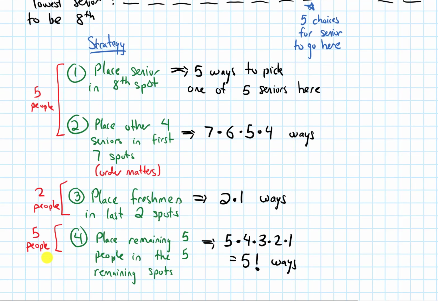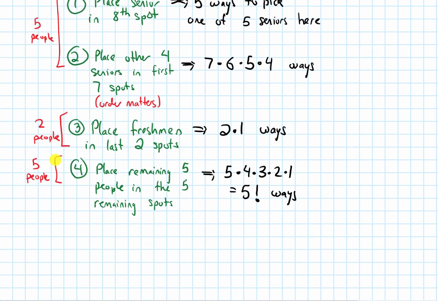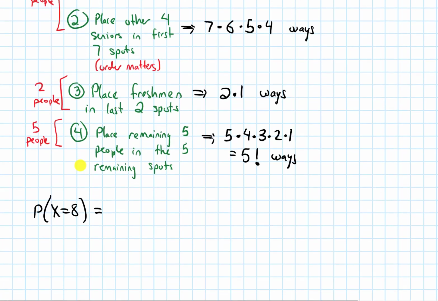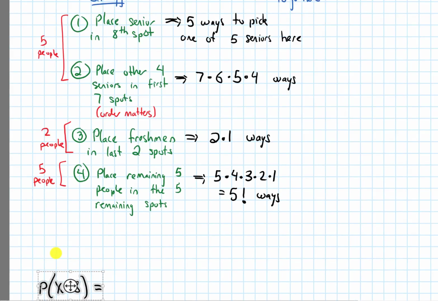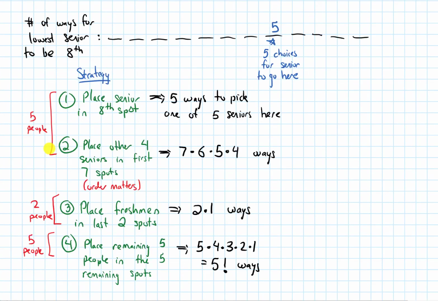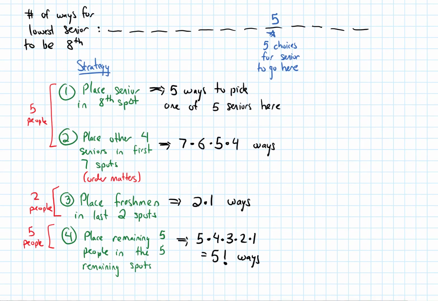Okay, so we are ready to put this all together and write down the probability that x equals 8. Actually, you know what, let's write down the denominator first. So let me move this on down. Let me zoom it out. Remember, the denominator was this whole thing here.